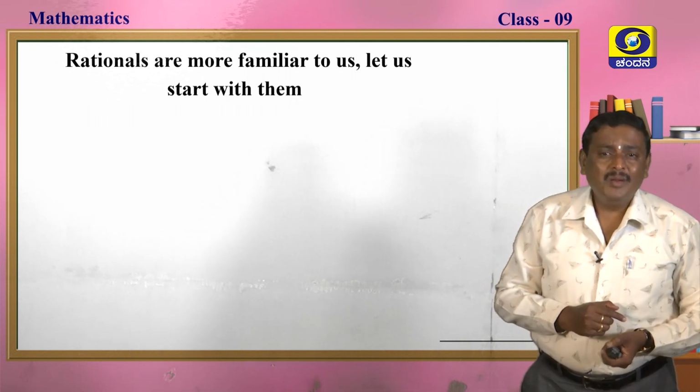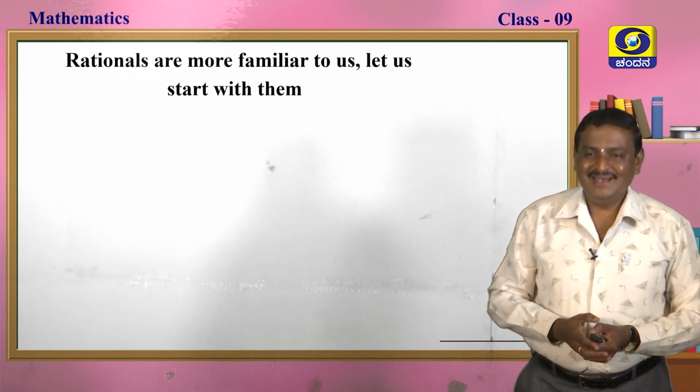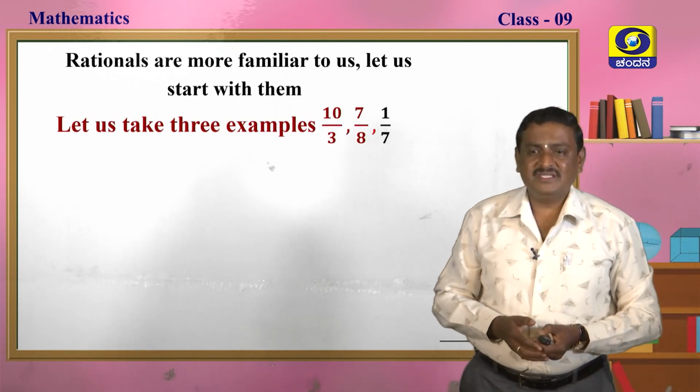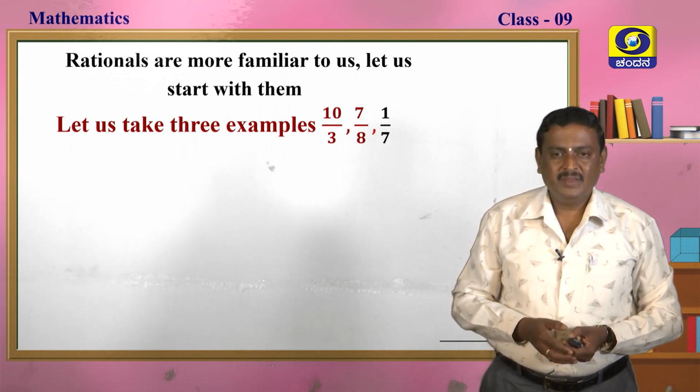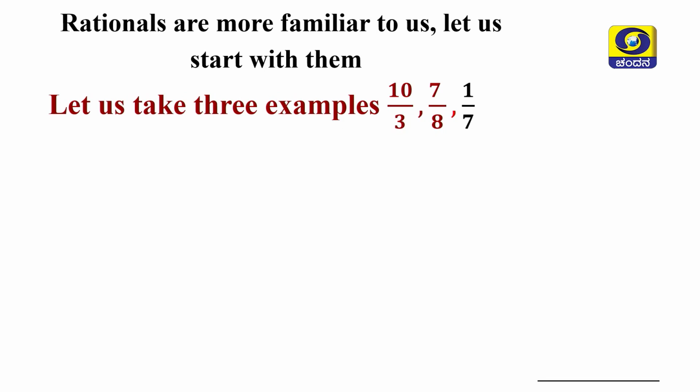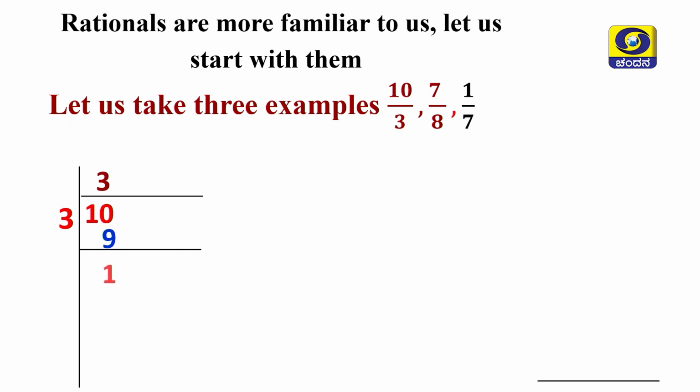Rational numbers are more familiar to us. Let us take 3 examples: 10 by 3, 7 by 8, 1 by 7. You do the division along with me, my dear students. Take the first one, 10 by 3. See, 3 3s are 9, the remainder is 1.